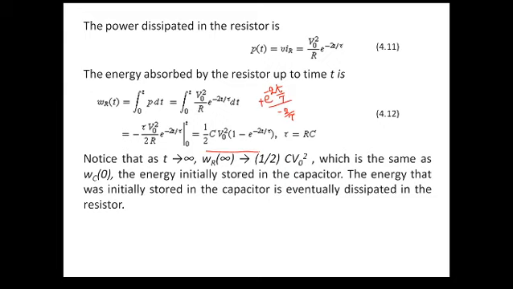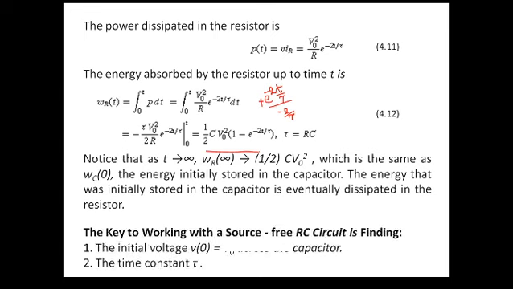Whatever energy is dissipated, that is absorbed by the resistor, is equal to the energy initially stored in the capacitor. The energy that was initially stored in the capacitor is eventually dissipated in the resistor.